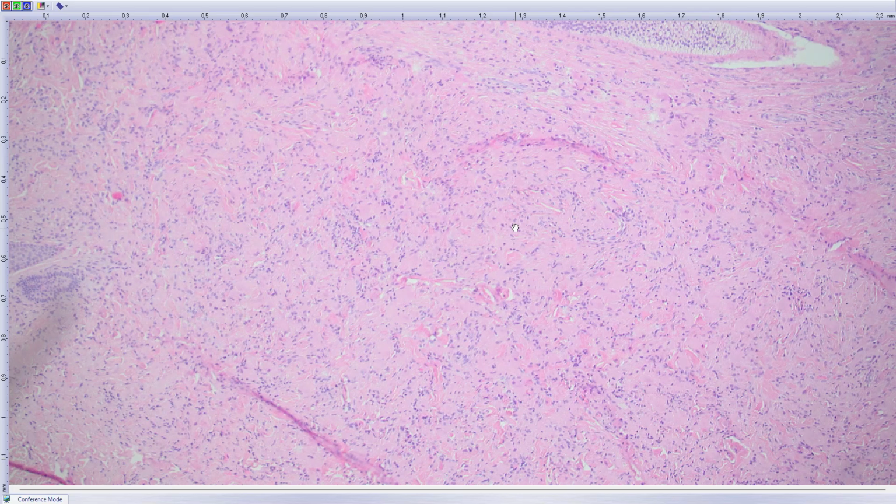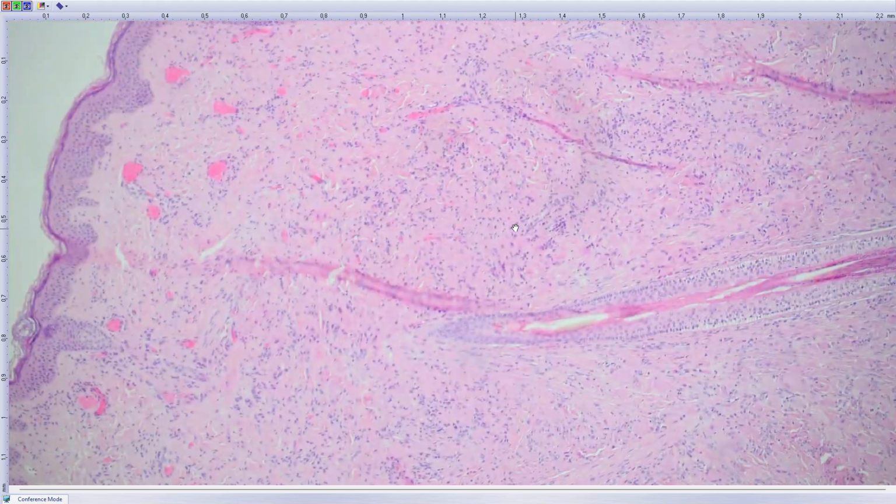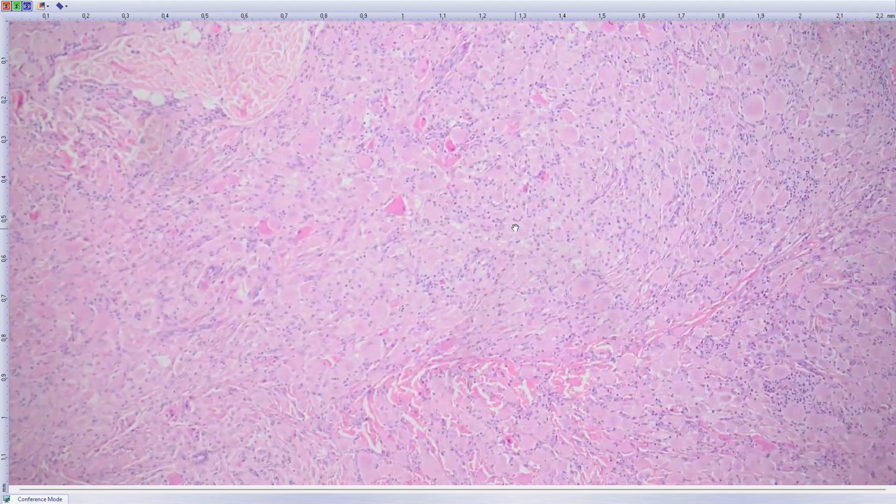Most likely solitary, but exclude systemic disease, because occasionally this can be a systemic disease. Emperipolesis can be found in these cases, but usually very focally, and the inflammatory reaction in this tumor is not very prominent.